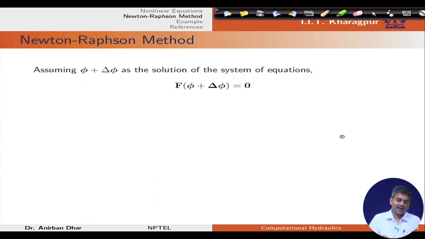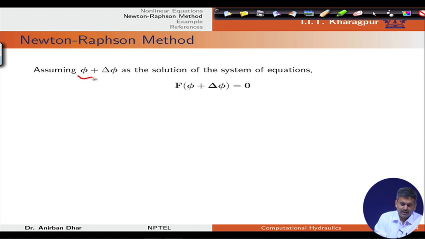Now, assuming that when we are giving increment to this phi, this will lead us to the solution of the system. So, we can assume that f of phi plus del phi equals 0.